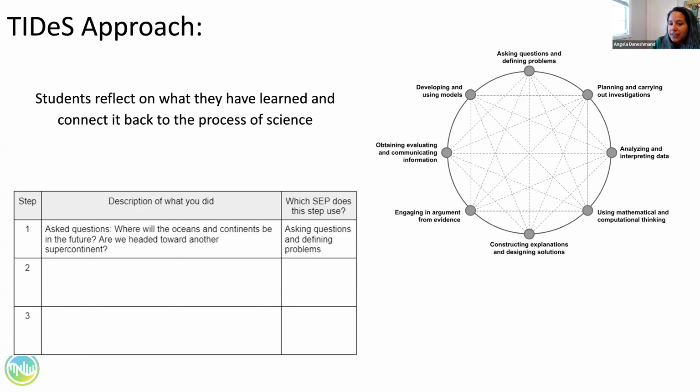At the end of each unit, students fill out this chart describing each step of that previous unit, and they relate it to the science and engineering practices that they used. They also answer a few questions like which science and engineering practice are you most confident in, least confident in, and which one do you use in your everyday life? So really getting them to think about what they've just accomplished and how they are practicing science as they continue throughout the course.